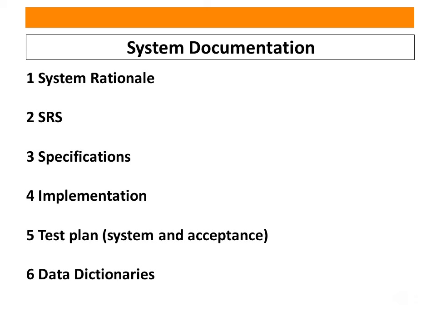And the last one is data dictionaries. Here we will find whether data, or raw facts and figures or their refinements, are present or not, and on the basis of those facts and figures we will develop the system documentation.